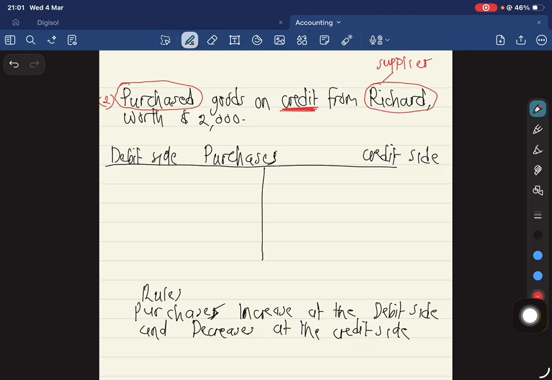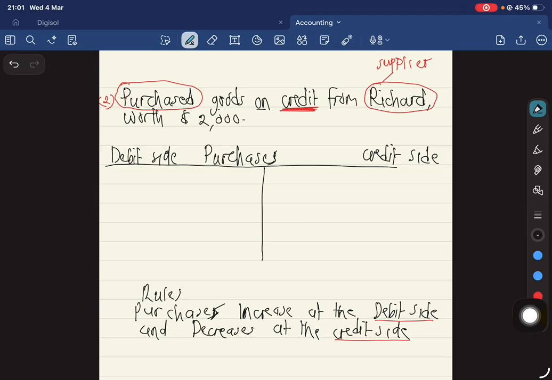So always remember the rules. As a beginner, try and state the rules. The purchases of the business have increased. It said we purchased goods on credit, and with the rules, purchases increase at the debit side, and this is the debit side, the left side of the T account.